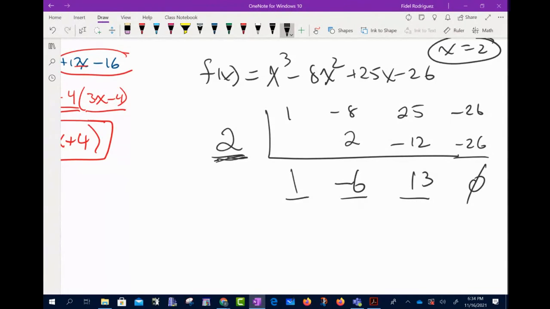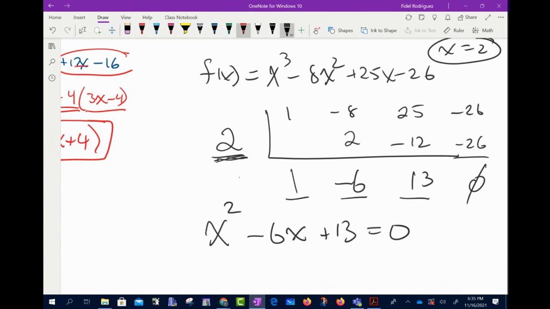Okay, so now that we have this part, remember, we've reduced our polynomial from an x to the third. This is now going to be an x squared, right? So I have an x squared, a minus 6x, and a plus 13 equals 0. Okay? And so now what I'm going to do is I need to see if I can factor this thing.